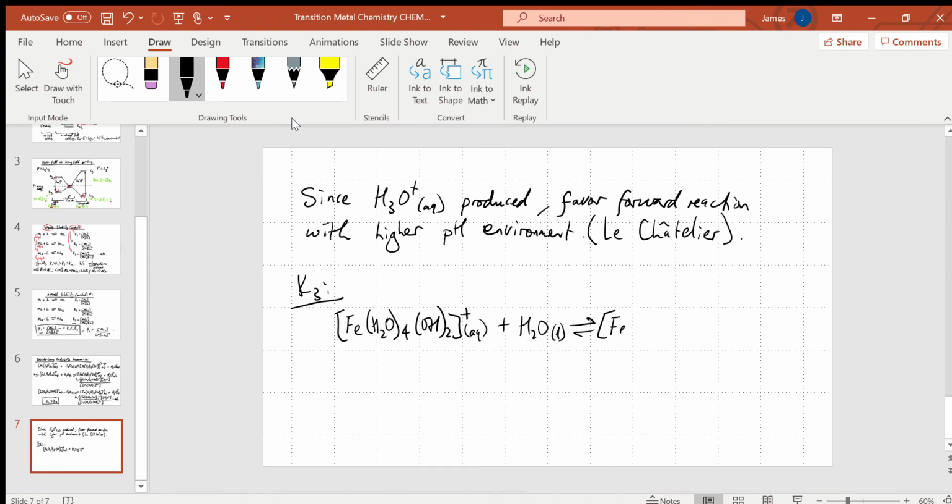Then we would form Fe H2O three OH3 with no charge, so this would now be a solid, and this would precipitate out because it has no charge.